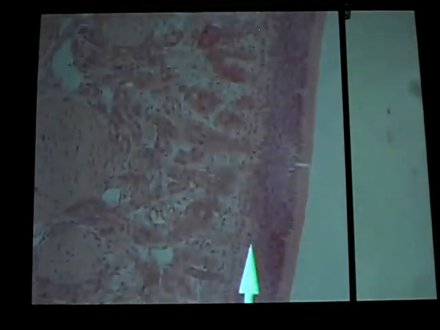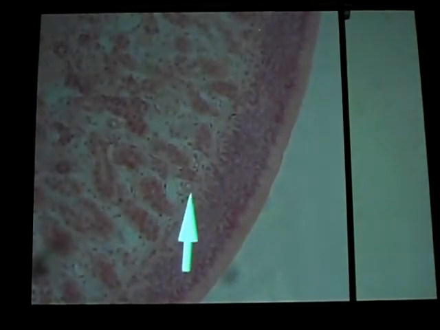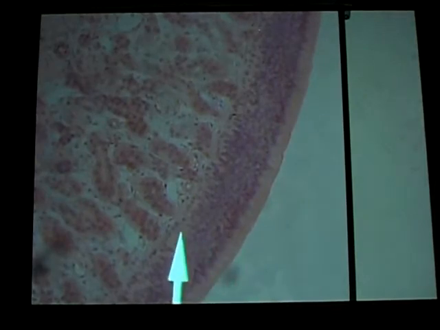As we look around, notice no goblet cells. And no goblet cells here. That's not a goblet cell, that's just a ring. So pretty much from about here to here, that's your epithelium. Notice the thickness. Another thing that you're looking for in your olfactory epithelium are these bundles of nerves here.